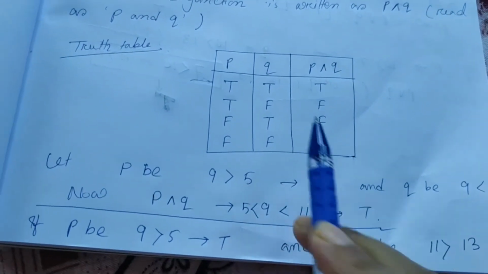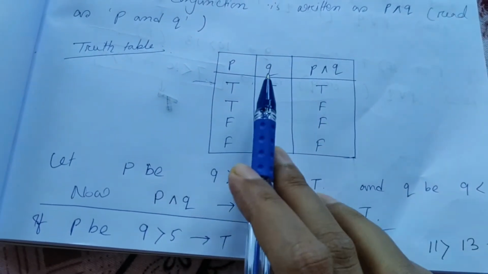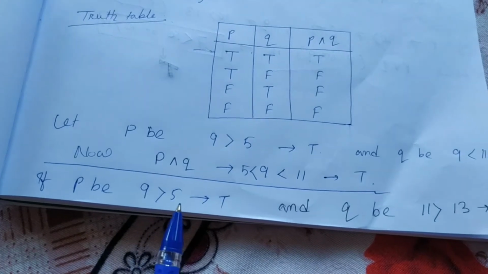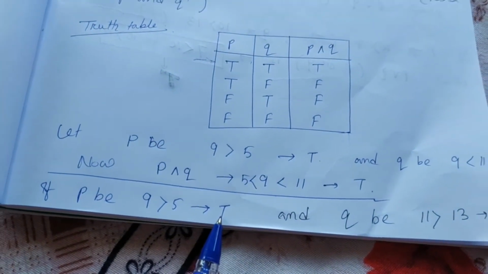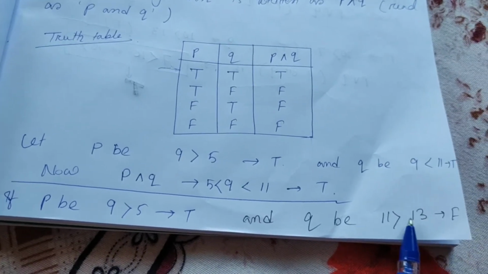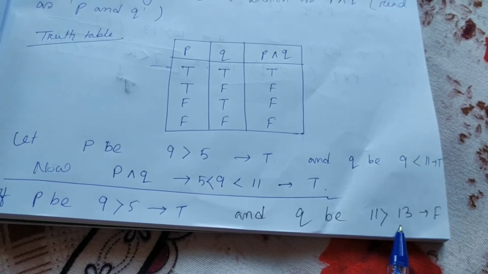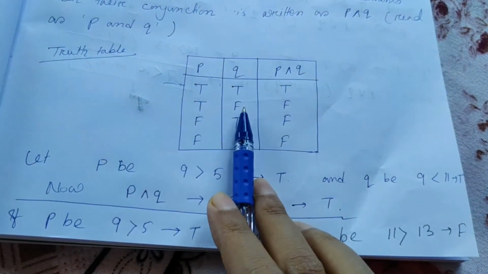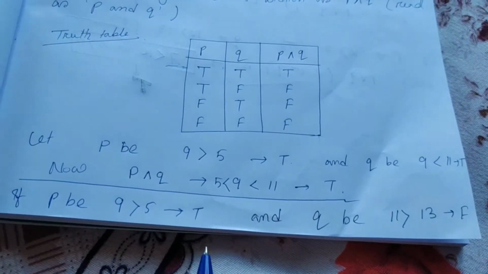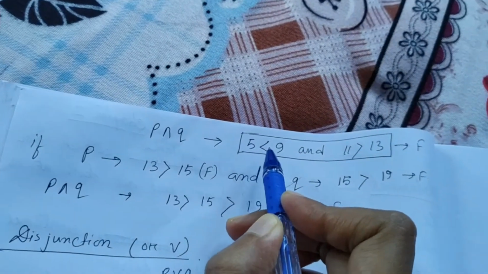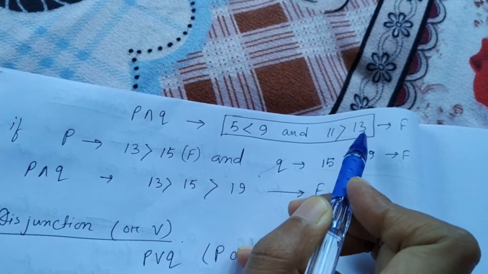Okay. Similarly, if I write P true and Q false, see, if P be 9 is greater than 5, which is a true statement, okay, it is a true statement, and Q be 11 greater than 13, it is a false statement. So P is true, Q is false. So now if you combine these two statements, it will be like, see, 5 less than 9 and 11 greater than 13.